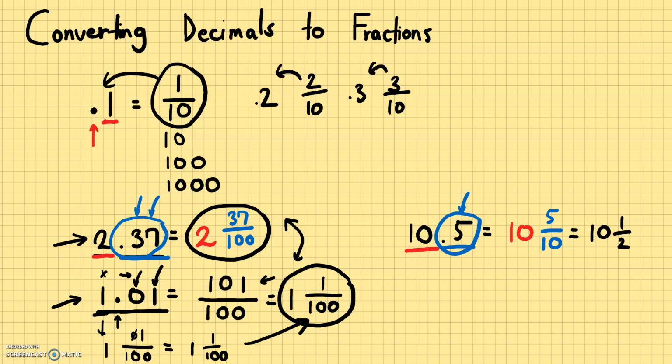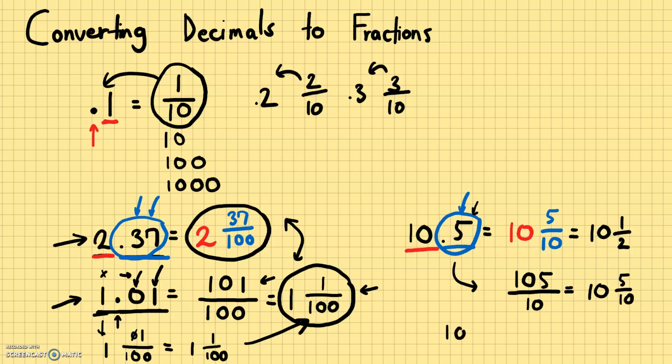Or again, you can use the method that you've used here. We can just write this as an improper fraction, 105 over, there's only one number after the decimal point, so over 10. And if you change this to a mixed number, you're going to get the same answer, 10 and 5/10.